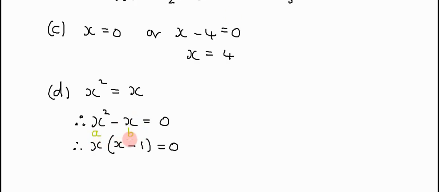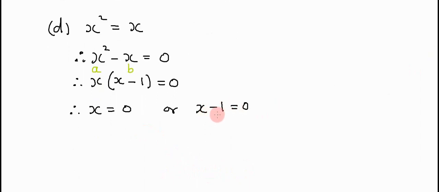So if a times b is 0, then either a is 0, in other words, x is 0, or b is 0, in other words, x minus 1 is 0. And we can solve for x in the second equation here by taking the negative 1 to the right-hand side. So we find x is equal to positive 1. So the final answer here will be x is 0 or x is positive 1.